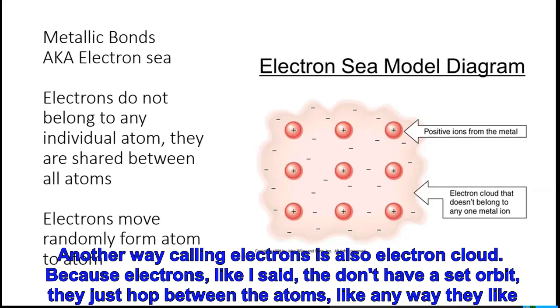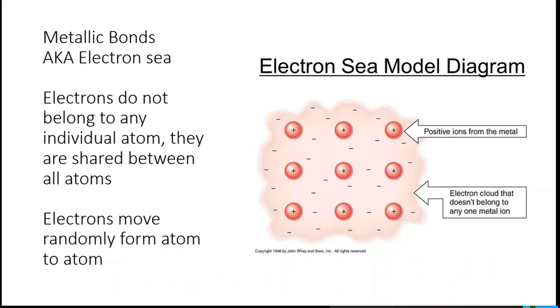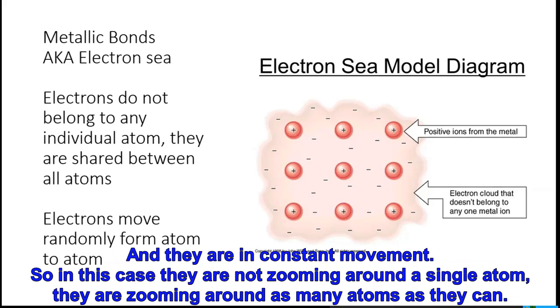Because electrons, like I said, they don't have a set orbit. They just hop between the atoms any way they like, and they're in constant movement. So in this case, they're not zooming around a single atom, they're zooming around as many atoms as they can figure out.